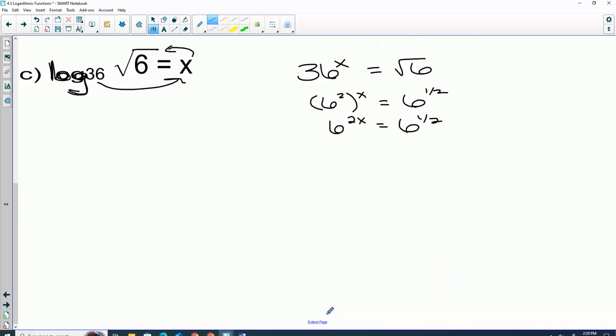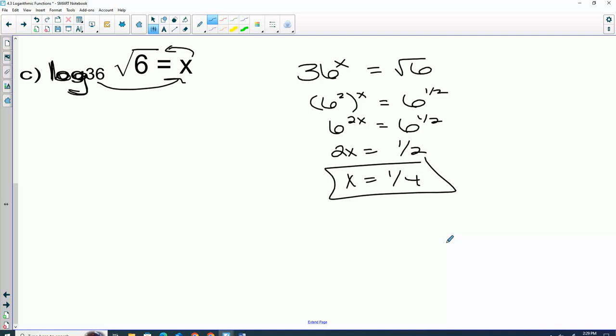Remember solving these last week? So 2x equals 1/2. Divide by 2 and x is 1/4. Alright. Are we doing okay on those? Do we need more problems like this?